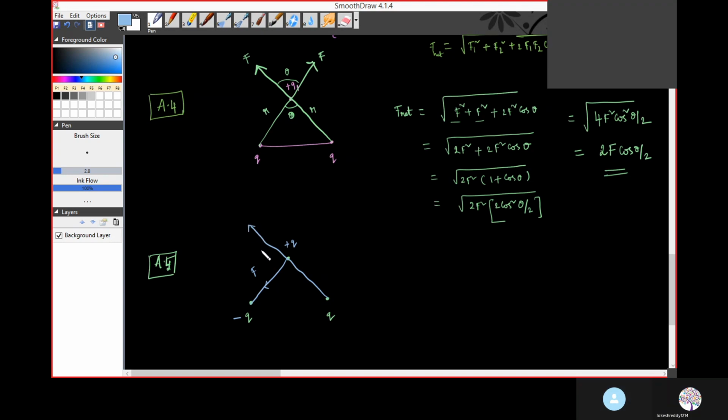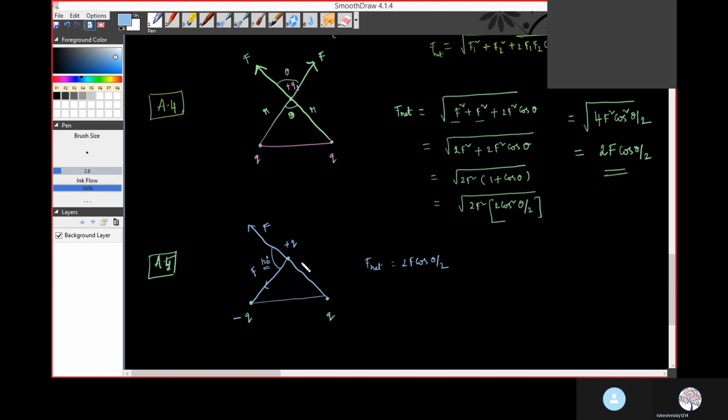So here the angle is 120 and this force is F. This force is F and the angle between them is 120. So I will get F net is equal to 2F cos theta by 2. Here theta is 120. You have to see whether it is attracting or repelling.